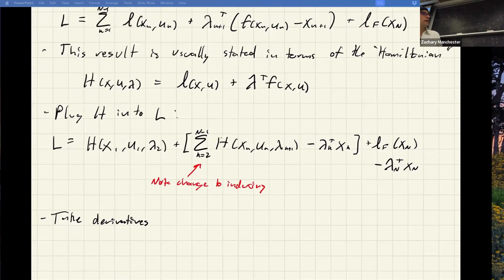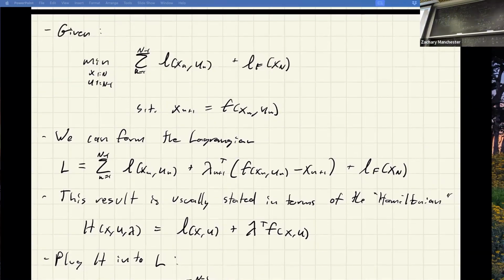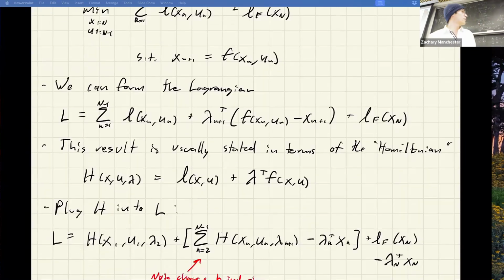So they're xk, uk, lambda k plus 1. And it's literally, if I take this line here, I go down here.